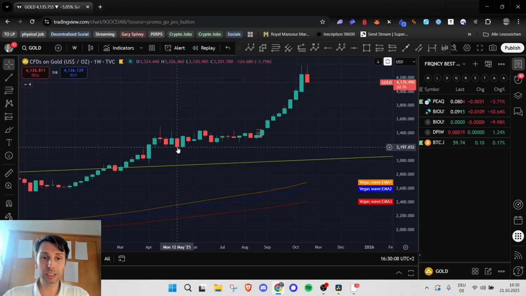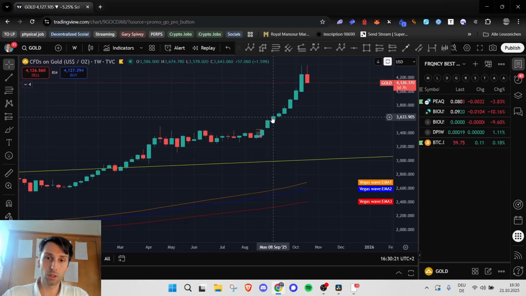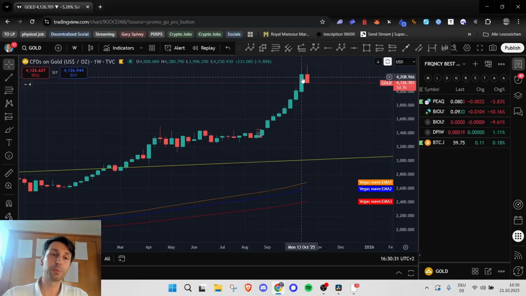So in this week, it actually went lower, but closed above the low, right? So it is shown as a wick. You call that a wick. And as you can see, gold had a huge run up since, let's say, August 2025. So the last few months.